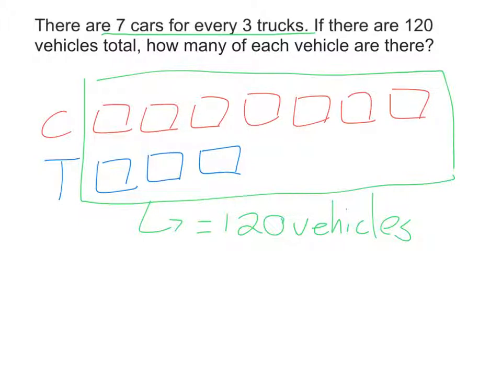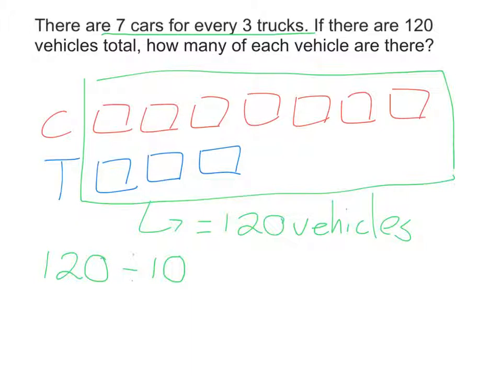So if we know that we have 120 vehicles split over all of these different groups, we can just do some little division. For 120 total vehicles, all the boxes, we're going to divide that up by the 10 boxes. We want to find out how many vehicles go in each one of these groups.